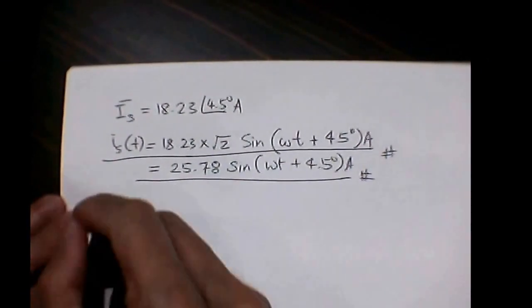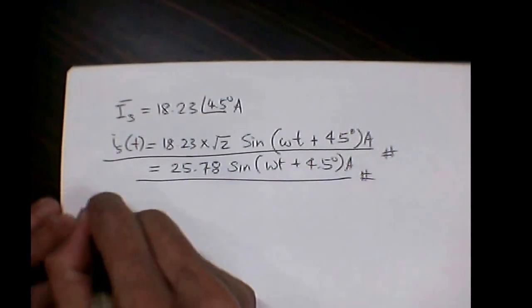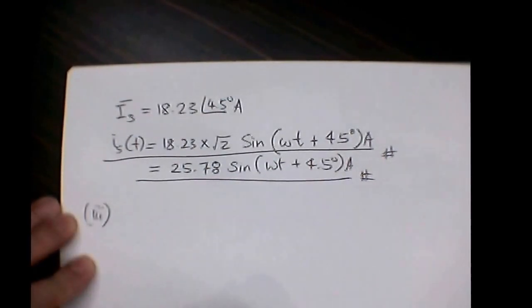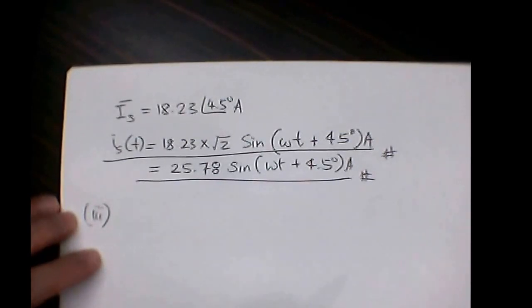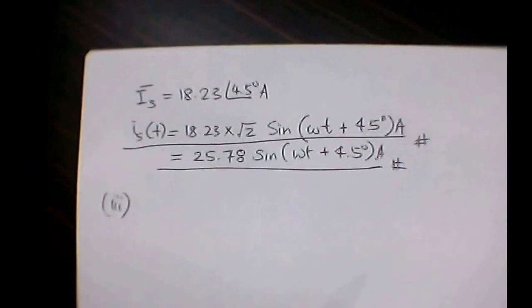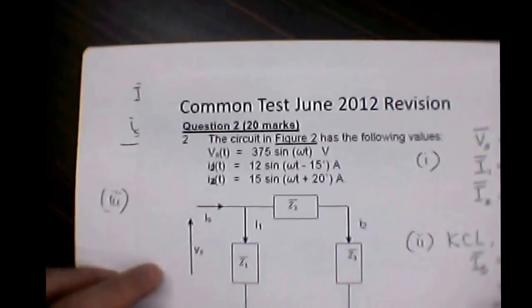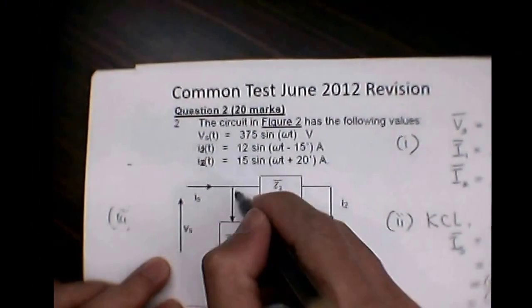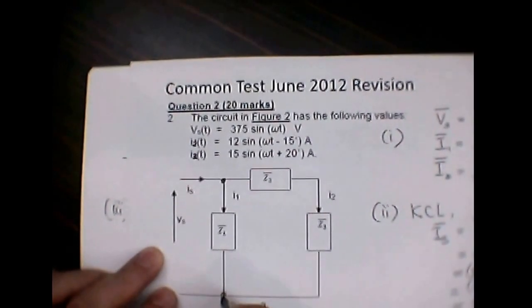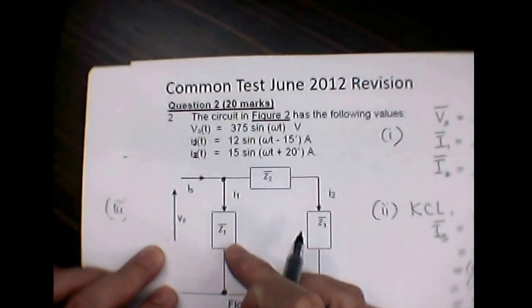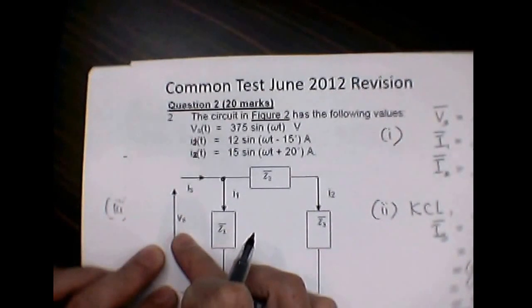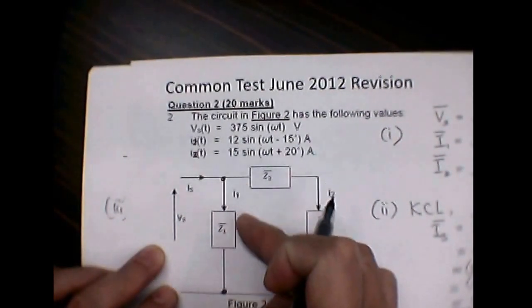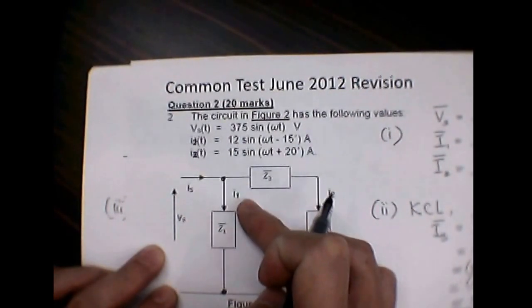Alright, that's part 2. In part 3, we are asked to calculate the impedance Z1. To calculate impedance Z1, we saw earlier from the diagram that the voltage across impedance Z1 is Vs, and the current coming in is I1.